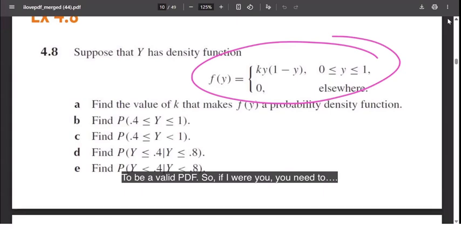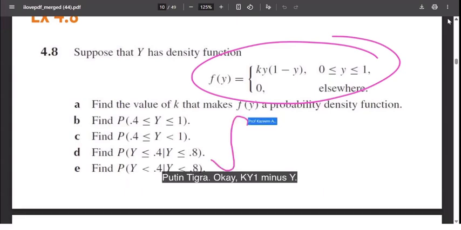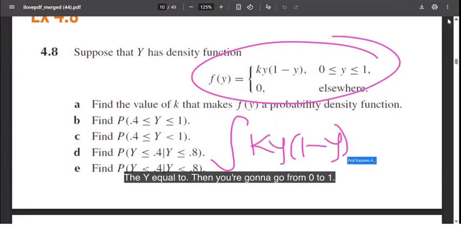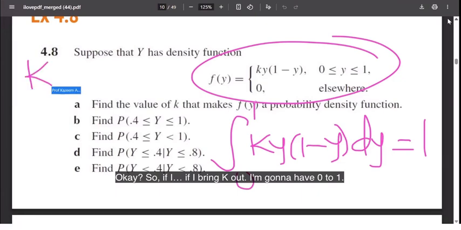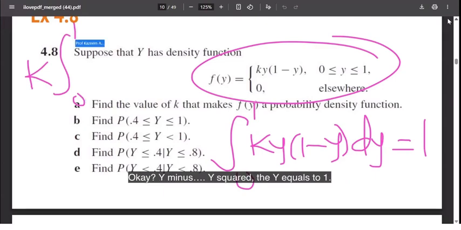So if I were you, you need to put the integral of k y (1 minus y) dy equal to 1, going from 0 to 1. I need to figure out the value of k. If I bring k out, I'm going to have the integral from 0 to 1 of y minus y squared dy equal to 1.